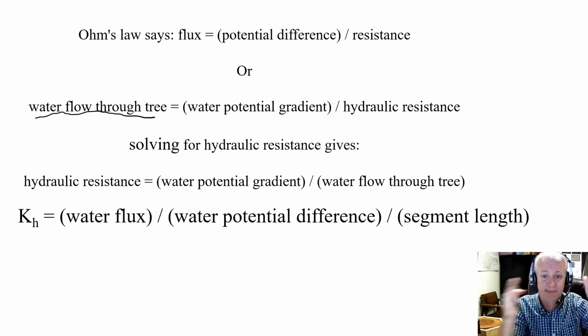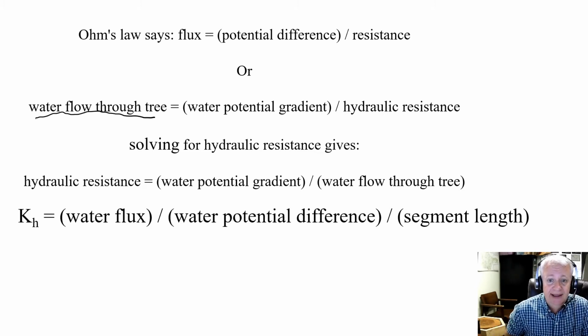Regardless, that's the water potential gradient. It's just the water potential difference across that segment of xylem divided by hydraulic resistance. Okay, so we can solve for hydraulic resistance. Hydraulic resistance is just the water potential gradient across a segment of xylem divided by the water flow rate at that water potential gradient.